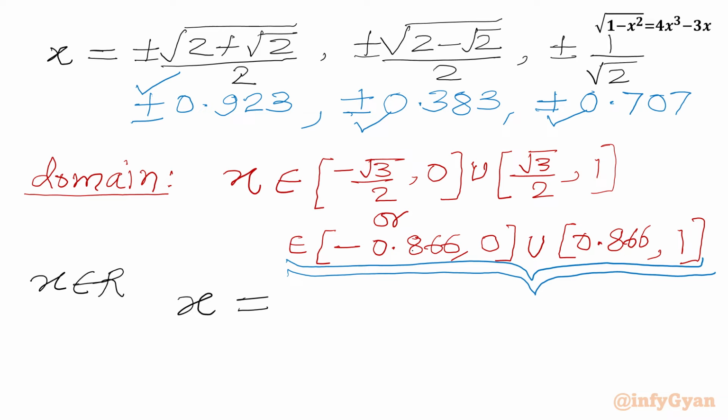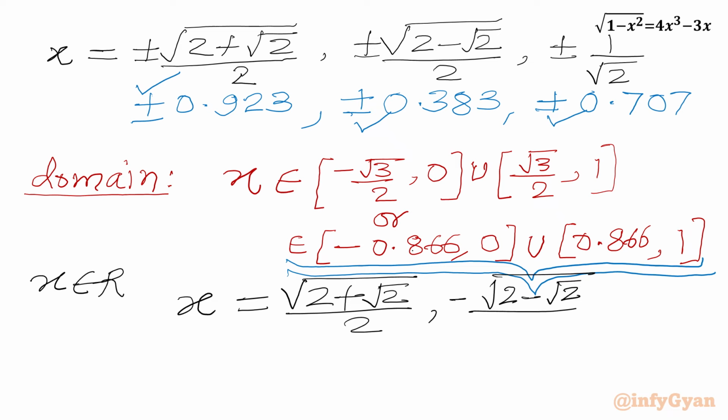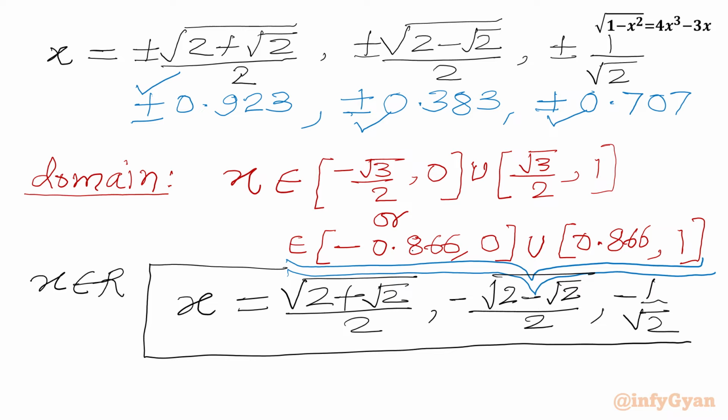X equal to square root 2 plus root 2 over 2. Second solution would be minus square root 2 minus root 2 over 2. And third solution we are going to write minus 1 over root 2, or we can write minus root 2 over 2 also. So here we have 3 real solutions for our radical equation.